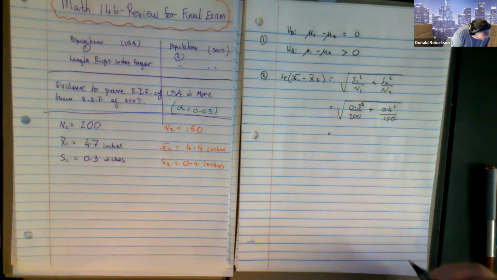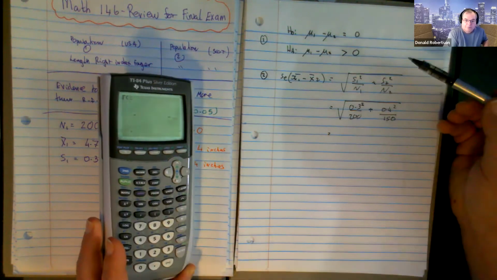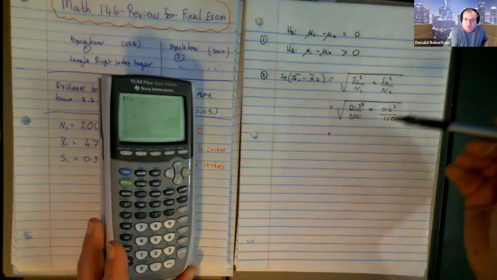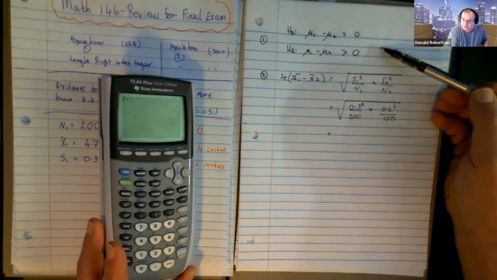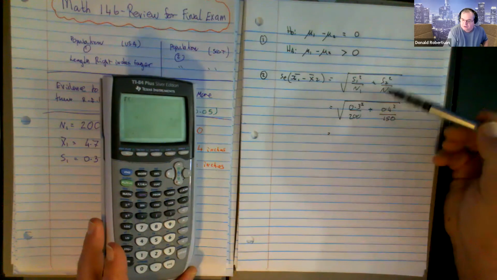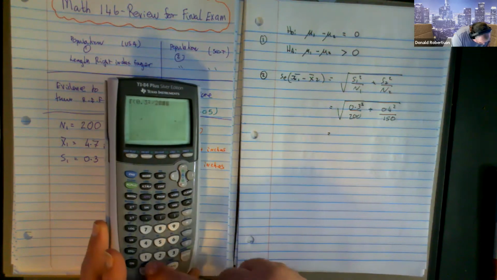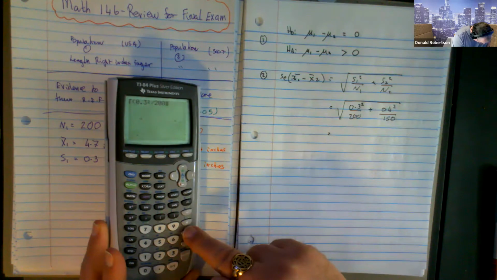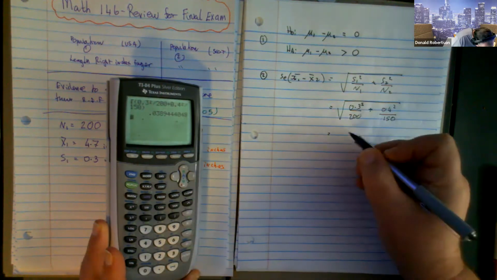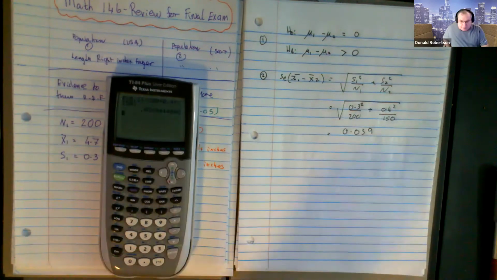If you were doing this question in the final exam, you would probably get parts A, B, C. A would be to state the null and alternate hypothesis and write that down, and B would be to find the standard error. So I would help you by asking you to find things I know you need to find. So you do this bit: 0.3 squared divided by 200, add 0.4 squared divided by 150, and to 3 decimal places we get 0.039.